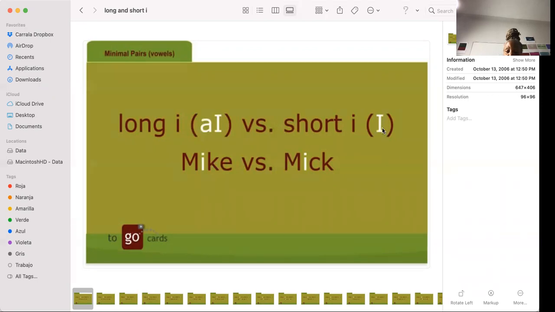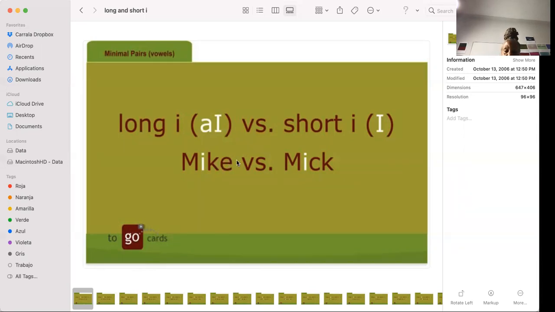And that's represented by a capital I. When we're looking at the long versus the short, you can see the long is on the left-hand side, at least where I am, and the short is on the right-hand side. Always be aware of the phonetic representation of the sound.